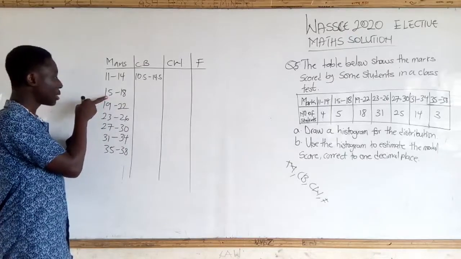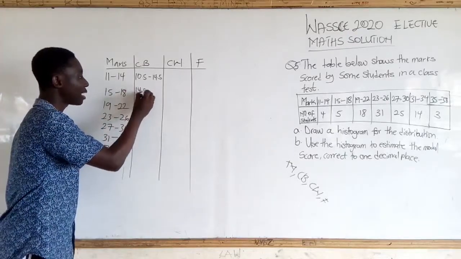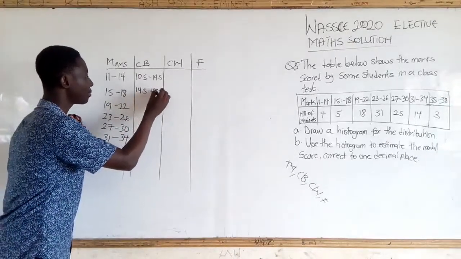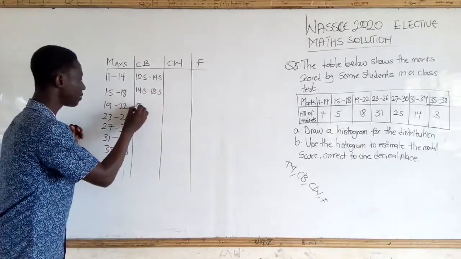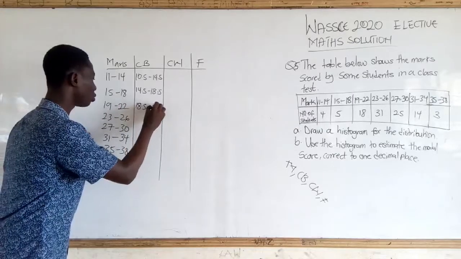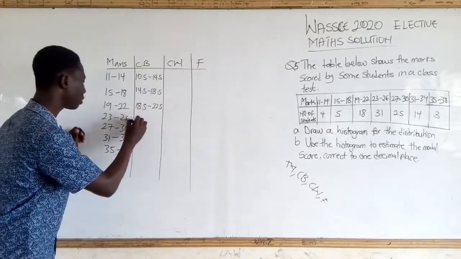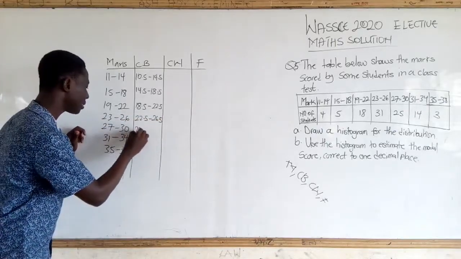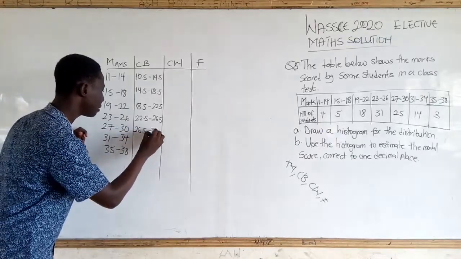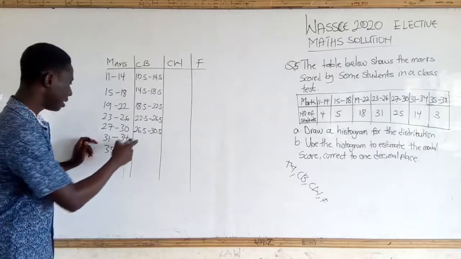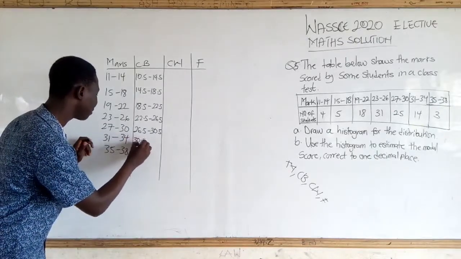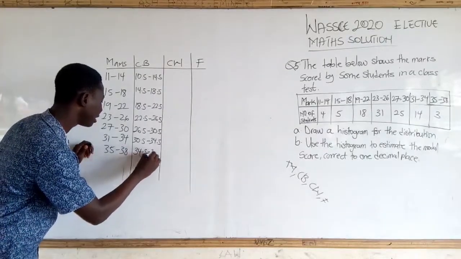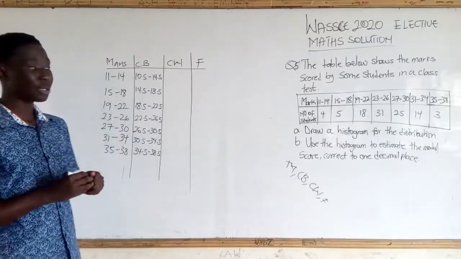When we subtract 0.5 from 15, we get 14.5 to, and we add 0.5 to 18, 18.5. Then 18.5 to 22.5, 22.5 to 26.5, 26.5 to 30.5, 30.5 to 34.5, 34.5 to 38.5. So we are done with the class boundaries.